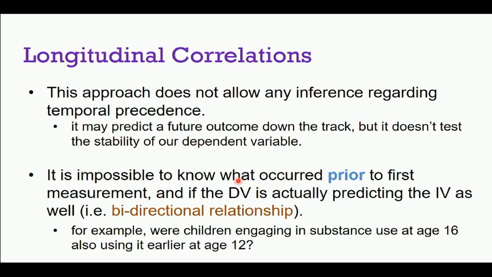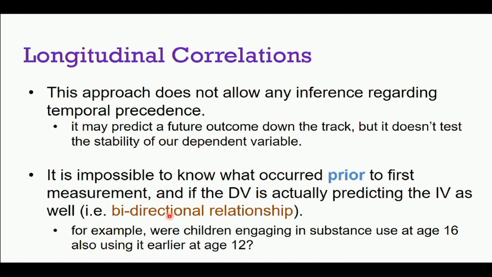The problem is we can't rule out the possibility that they were already druggies or alcoholics, or they were sniffing glue and paint at age 12. So it might have been a pre-existing condition. So that's the limitation of the longitudinal correlation. It's not sufficient to rule out that possibility.